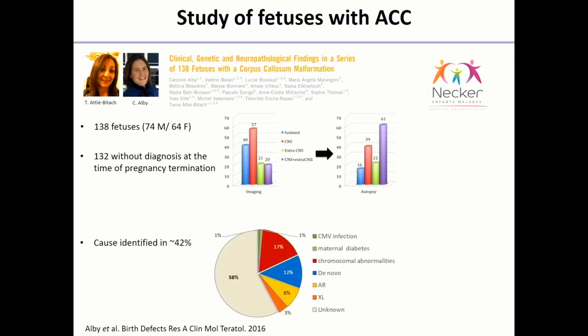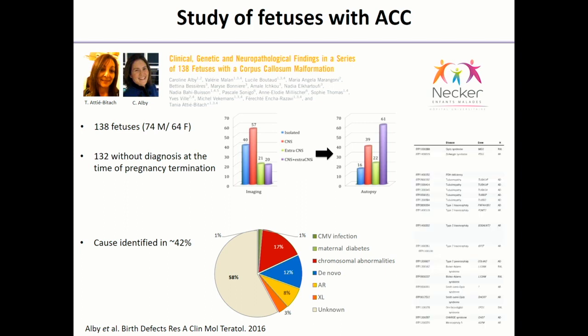The cause was identified in 42%. In two cases, there was one case with CMV infection and one case of maternal diabetes. The chromosomal abnormalities represent around 17%, and the Mendelian conditions you can see here were divided between de novo, recessive, and X-linked.